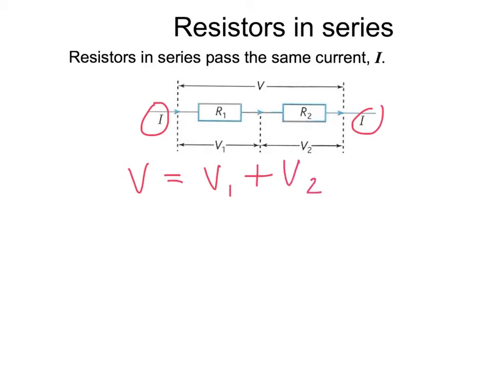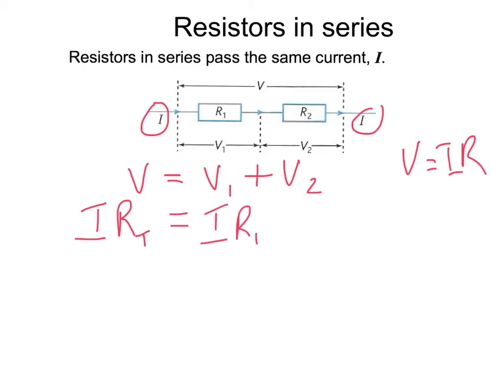We also know that V equals IR. So here we can put a statement for R total. The total resistance of these two, RT, will be I times R1 plus I times R2. What can we do with the I's?